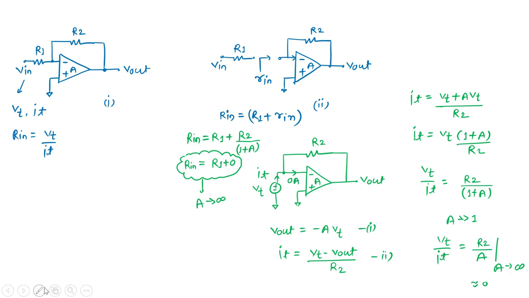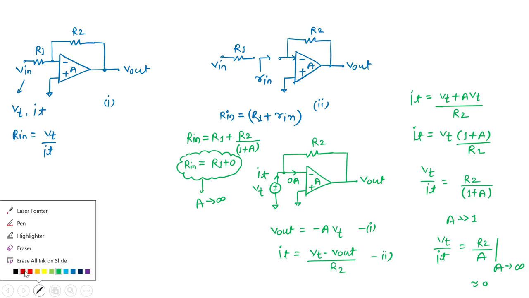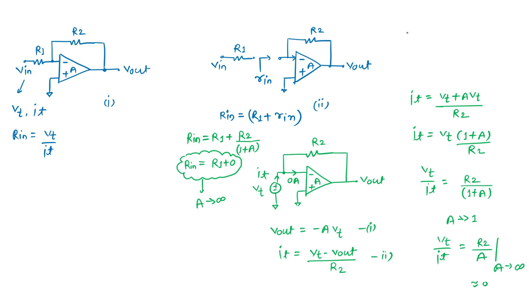For example, what example are we continuously taking? If my A is 10, R1 is 10, R2 is also 10 ohm, then what is the input impedance?